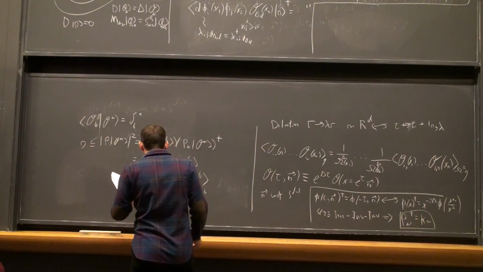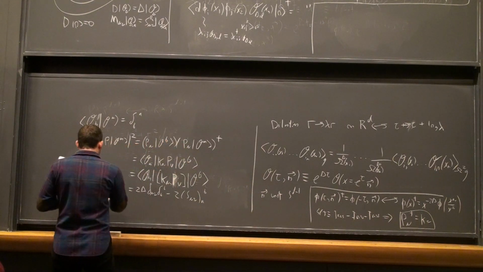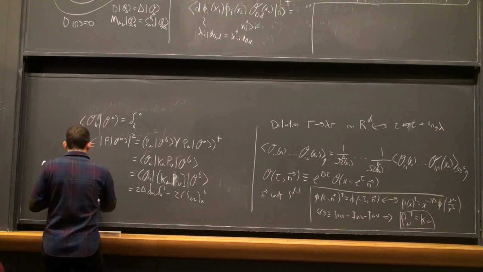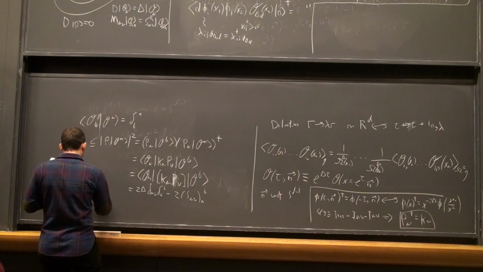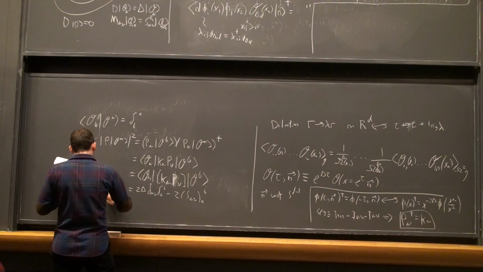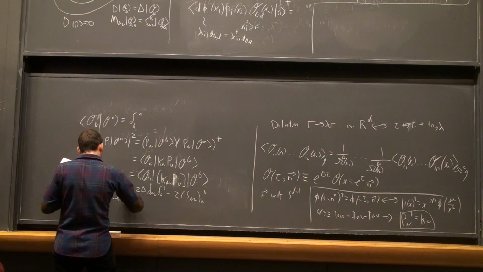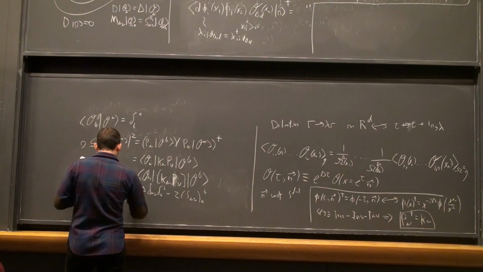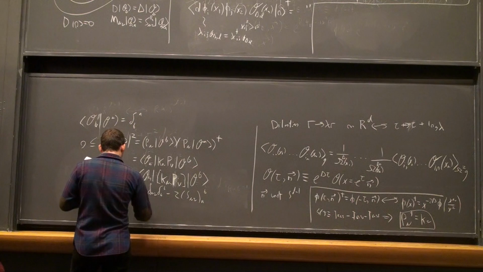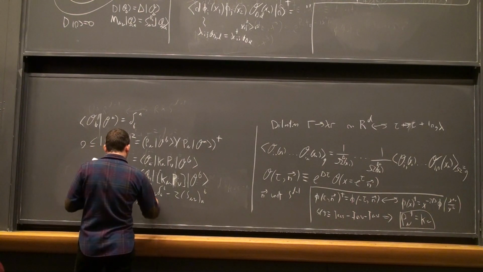Based on this, we learn that the scaling dimension of the operator must be greater than or equal to the maximum eigenvalue of this generator of rotation for the specific operator.